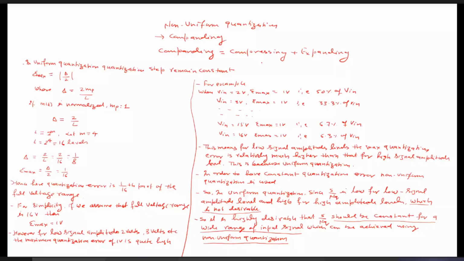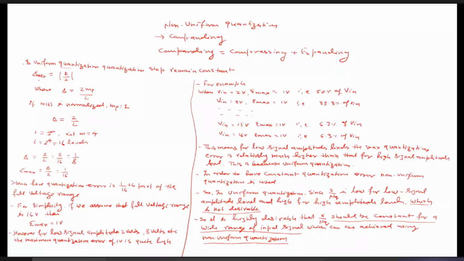These two characteristics we will see. But before going to study the basic characteristics of compressing and expanding, let us see why we go for non-uniform quantization. If we take the case of uniform quantization, we know that the maximum quantization error is given by delta by 2.